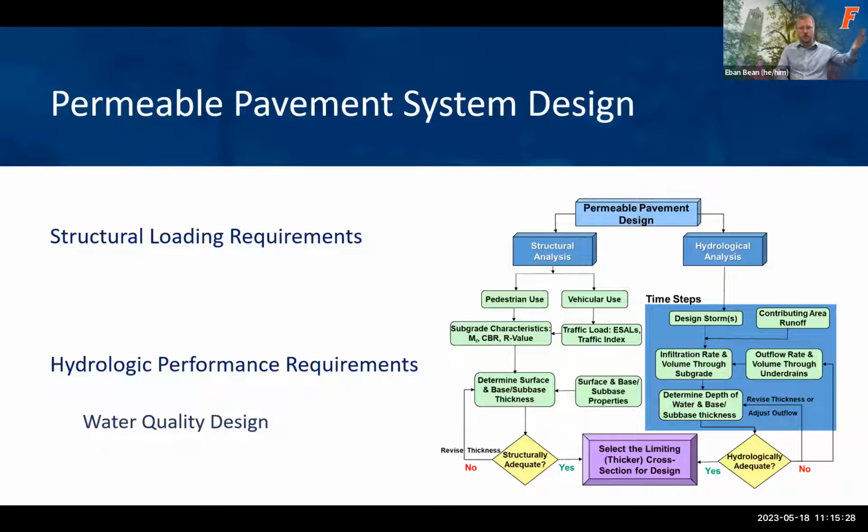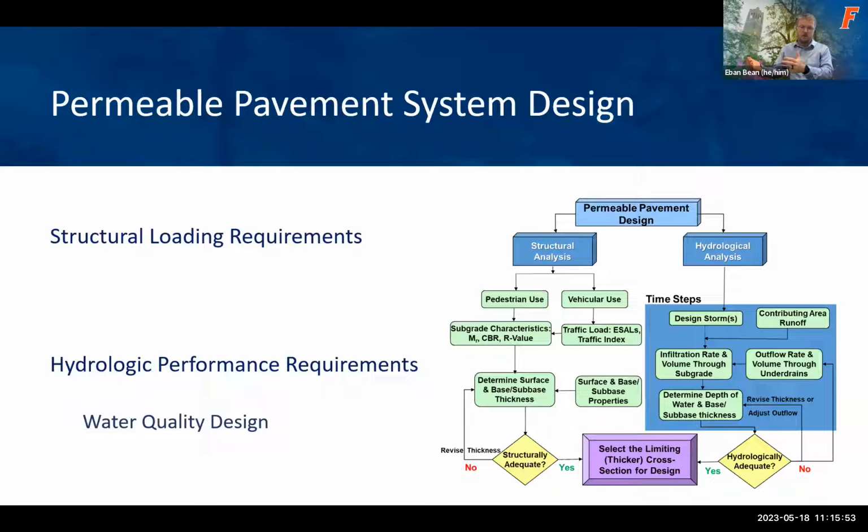You go through a structural analysis, determining the structural depth based on the different layers, the strength of those layers, and their thickness. For example, you'll have a pavement layer that's pretty fixed, maybe a bedding layer, maybe a choker course, and then a reservoir layer. That is your full profile.